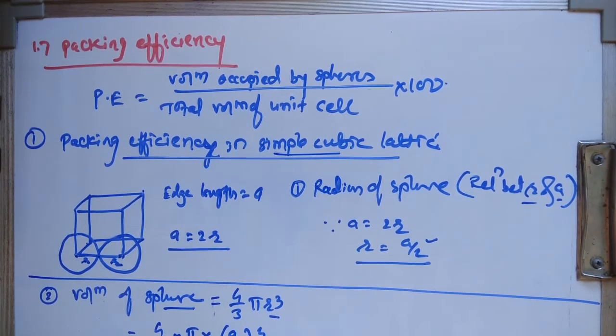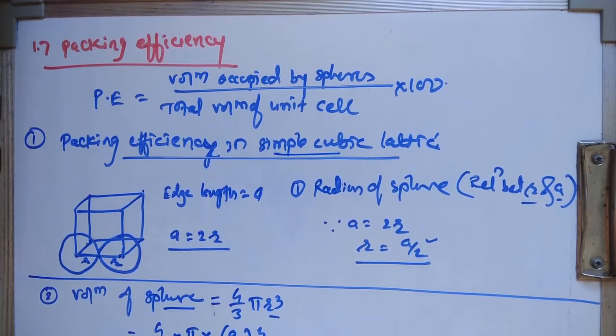Now 3, total volume occupied by all spheres. Since a simple cubic cell consists of one sphere or one atom, right?